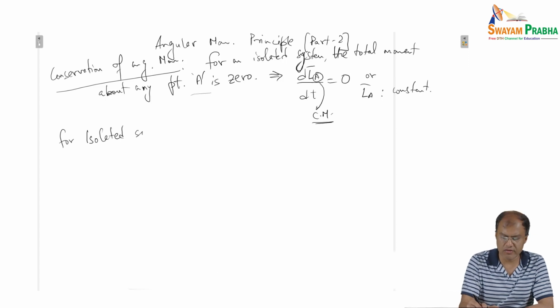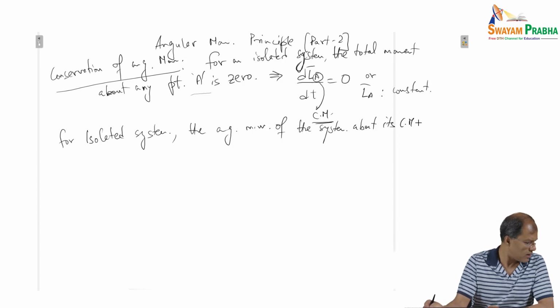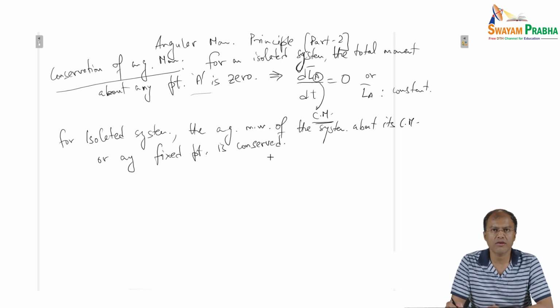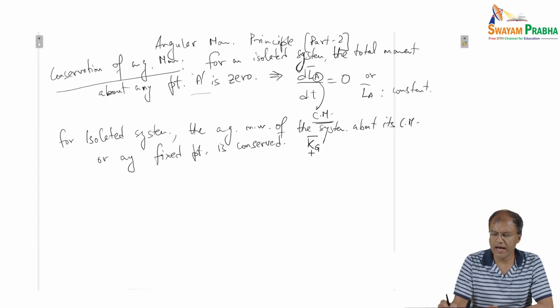So for an isolated system, we see that the angular momentum of the system about its center of mass, or any fixed point, is conserved. Or we are talking about the net moment acting upon the center of mass G being 0.